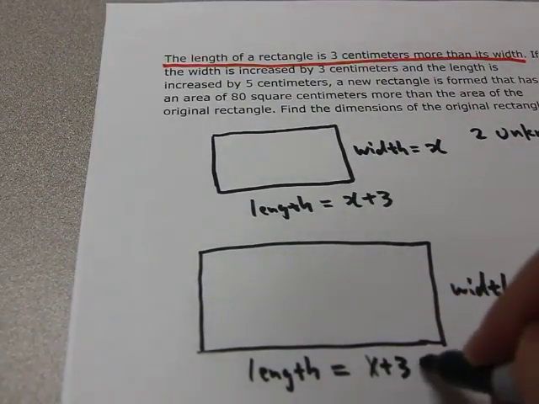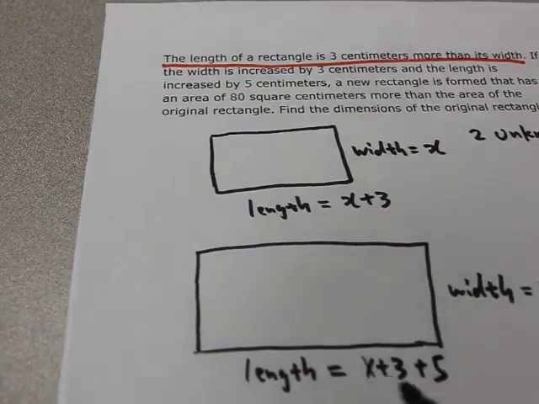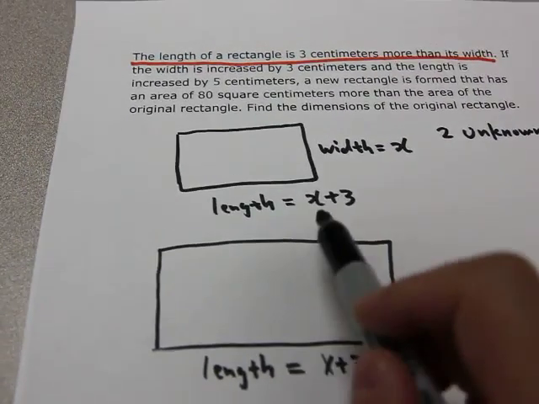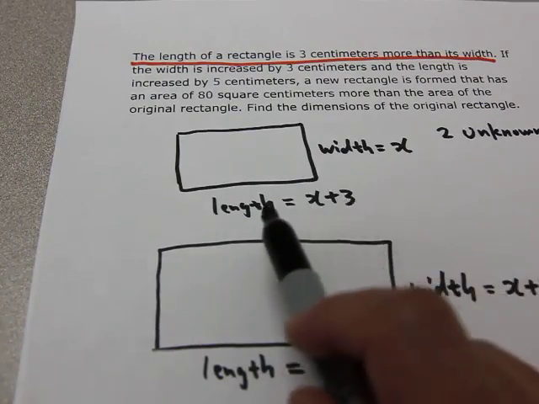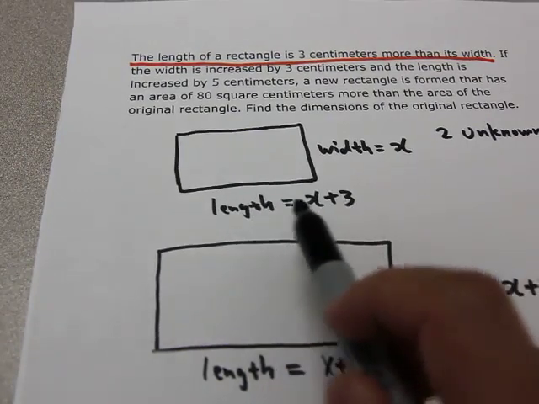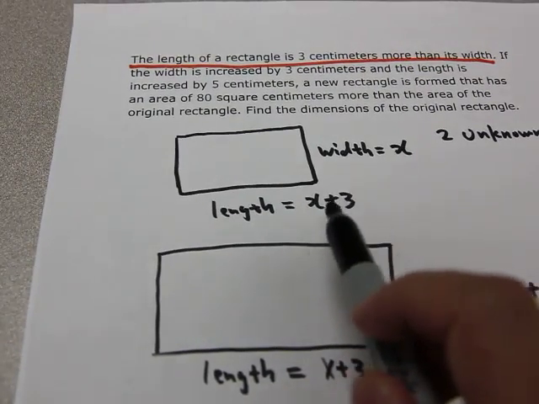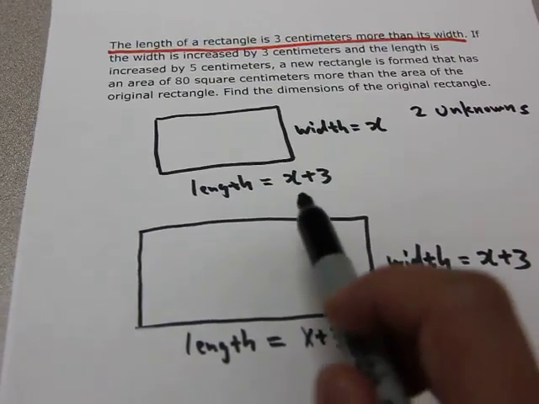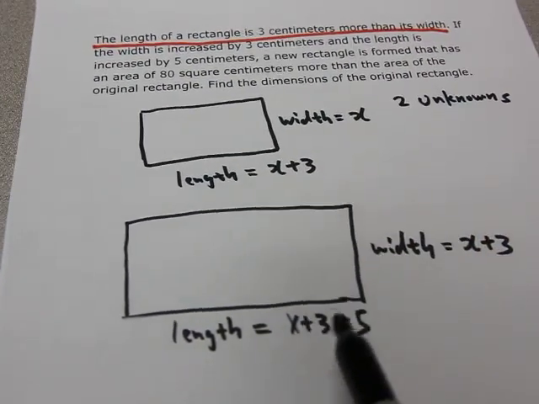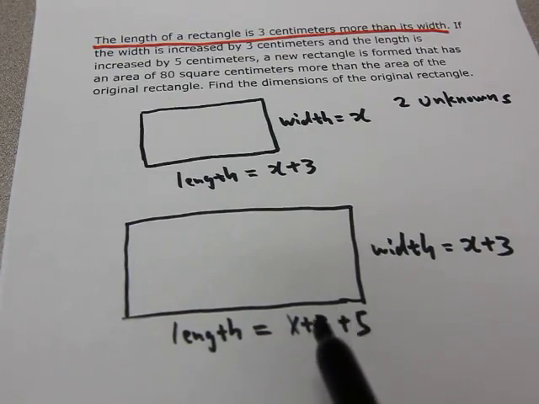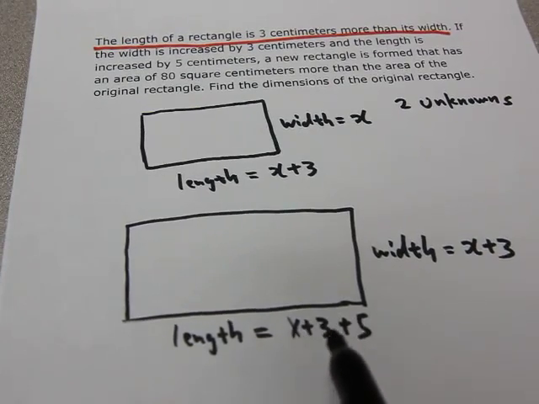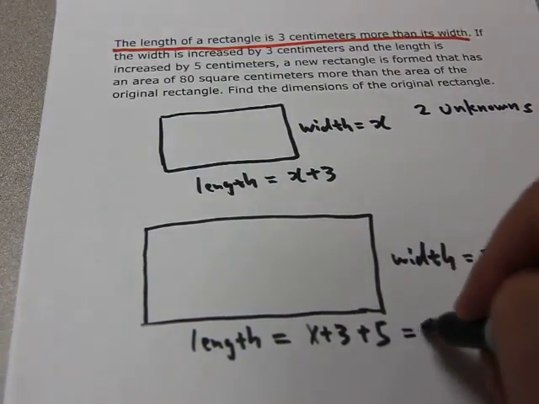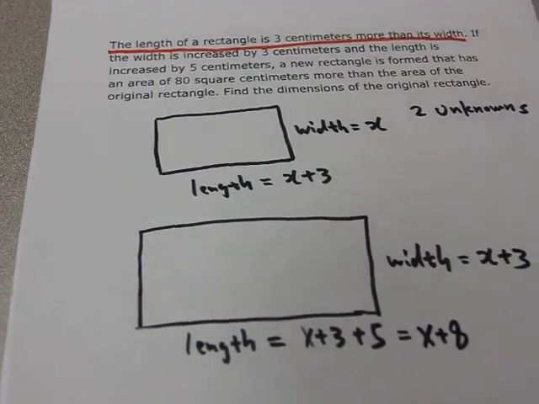That will be x plus 3 plus 5. Remember, we use this whole thing, x plus 3, to represent the length of the original rectangle. So if this is increased by 5, we should add 5 to this whole thing, not just x. Okay? Do not just add 5 to x. You should add 5 to x plus 3. So this is x plus 8.